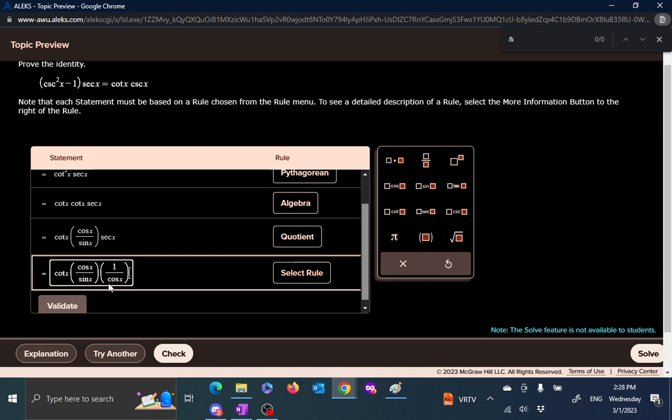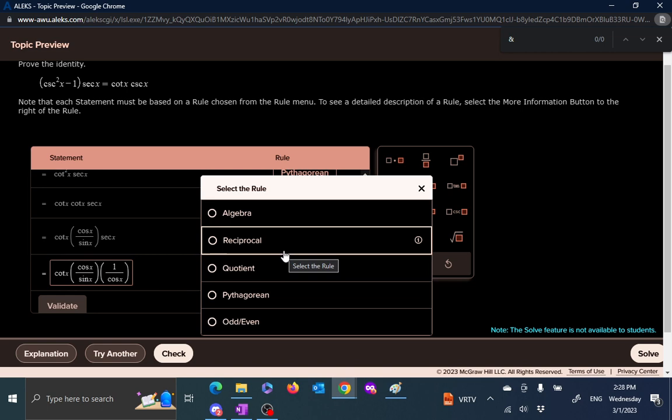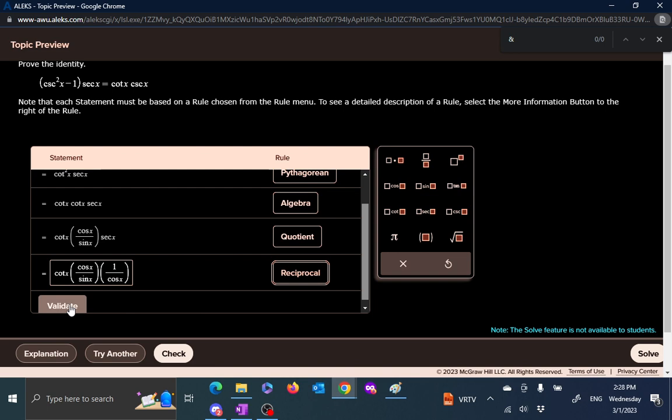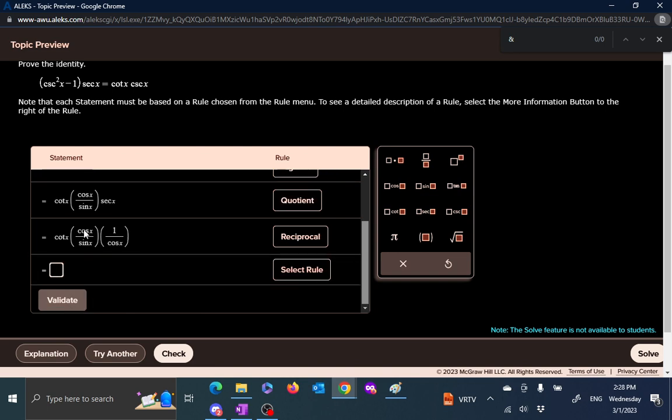Is that right? What we did here is that we applied the reciprocal identity. Secant is the reciprocal of cosine.